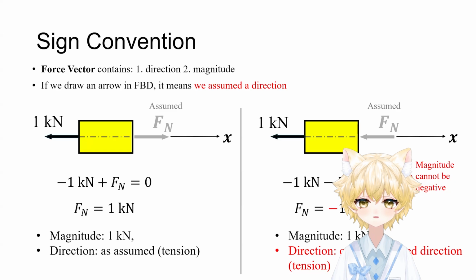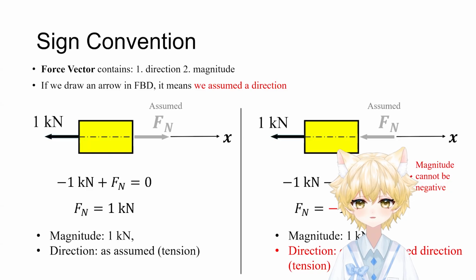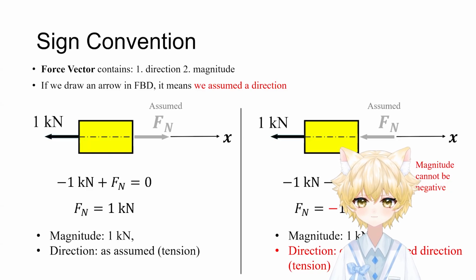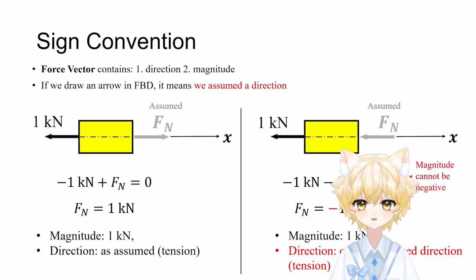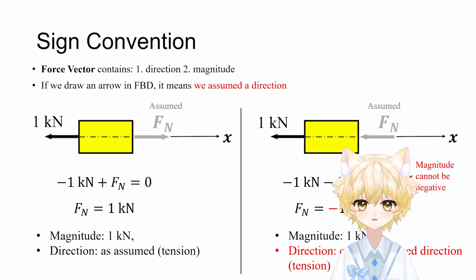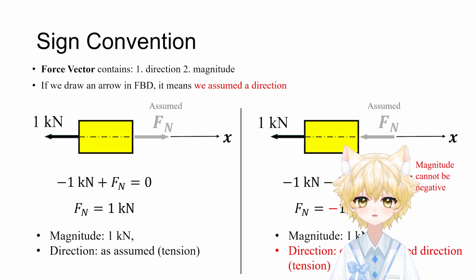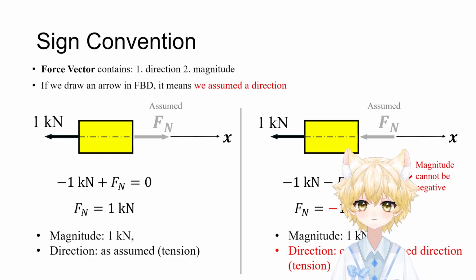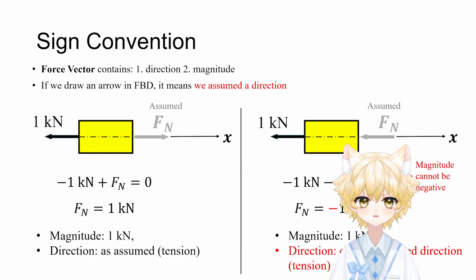So, to avoid confusion and mathematical complexity during the exam, here is my golden rule. When you draw your free body diagram, always assume the force is acting in the positive direction according to our sign convention. For normal stress, that means we always assume the force is in the tensile direction. Draw your arrow pointing away from the cut surface. Why do we do this?